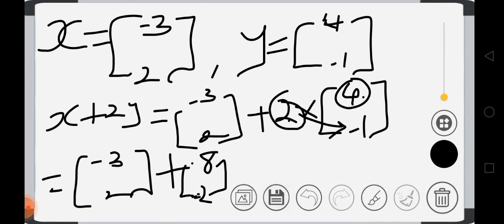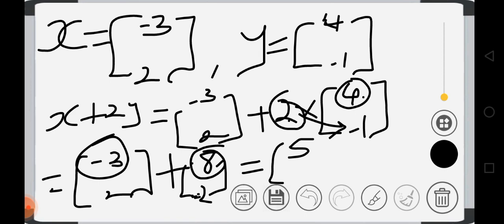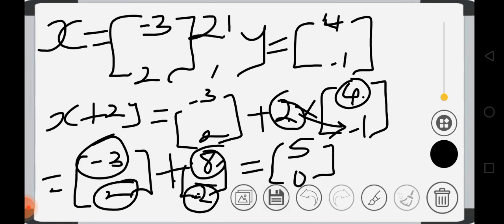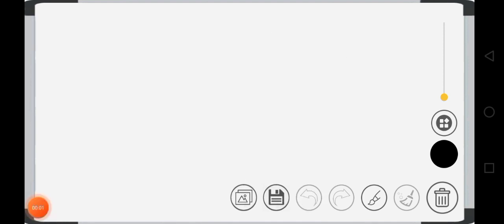If you add this now, minus 3 plus 8 gives us 5. Then 2 plus minus 2, that is 2 minus 2, is 0. So the answer will be (5, 0).